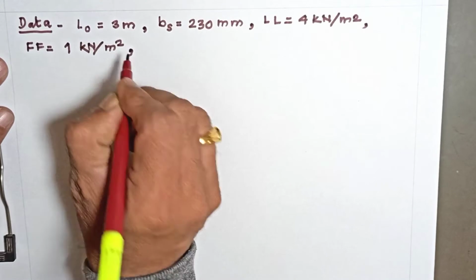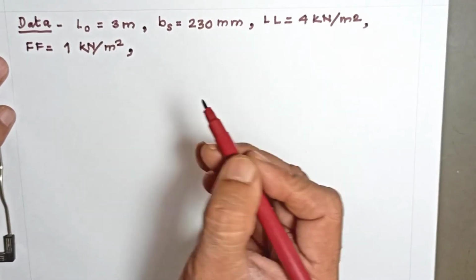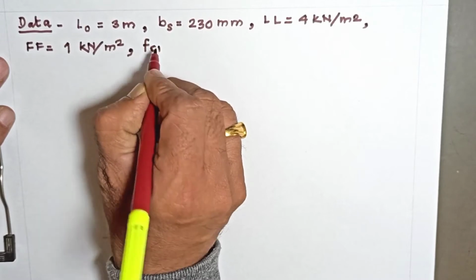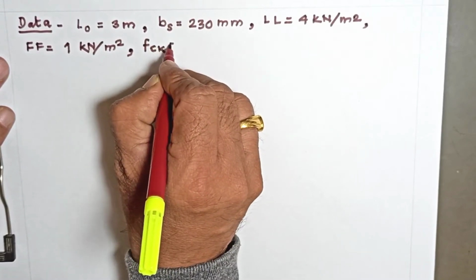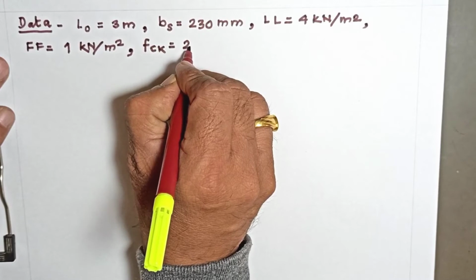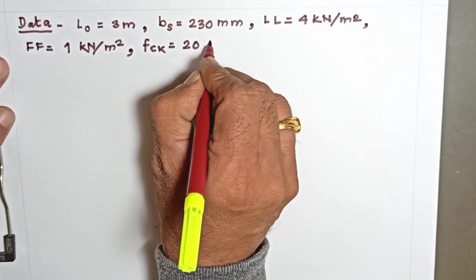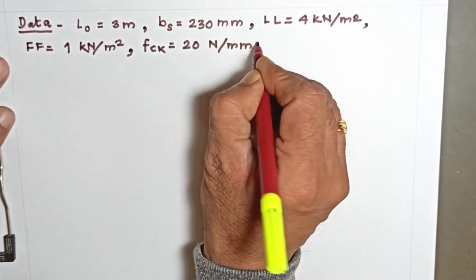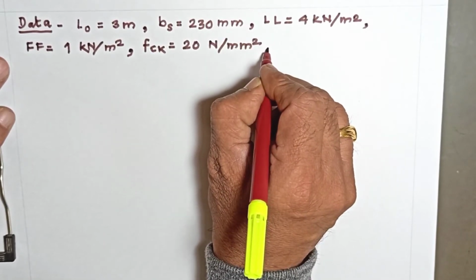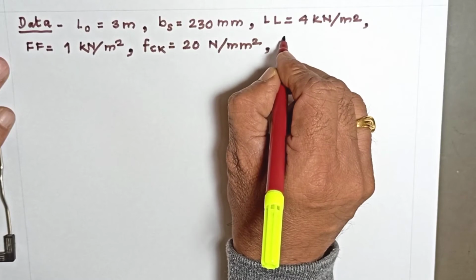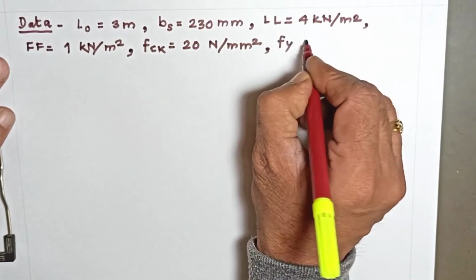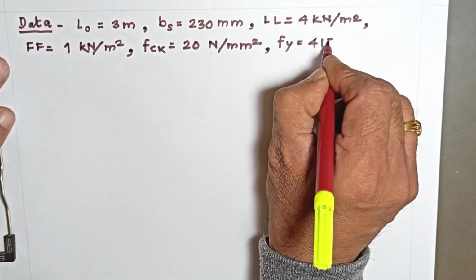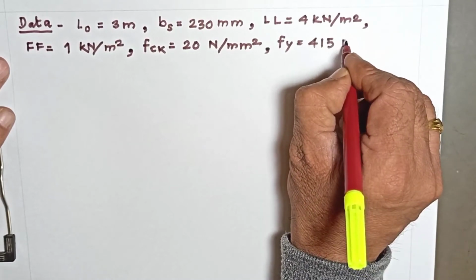Then the grade of concrete is given, so fck is given. It is M20, therefore fck is 20 Newton per mm square. Grade of steel is also given, Fe415, so fy is equal to 415 Newton per mm square.